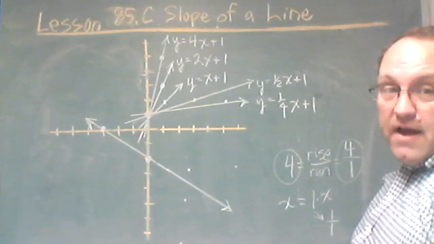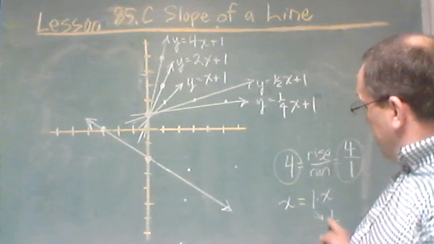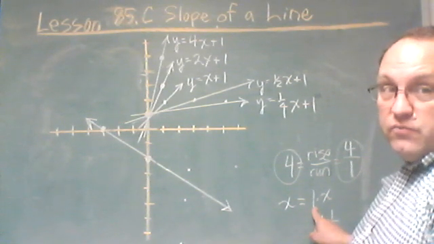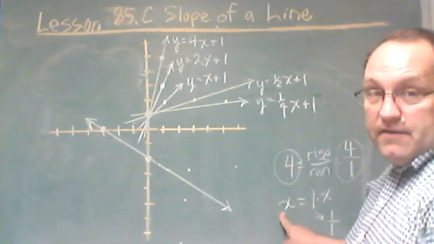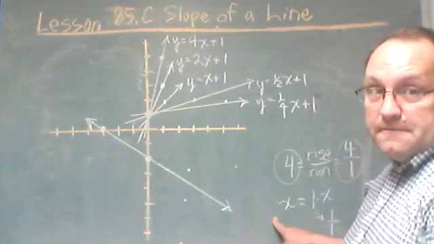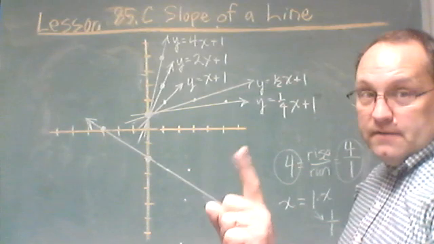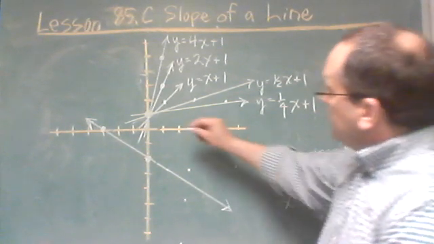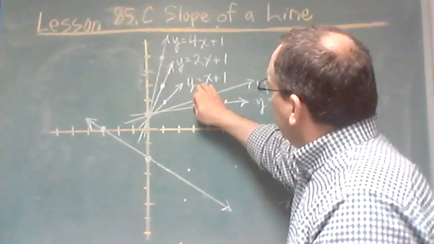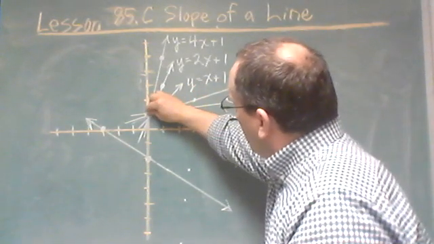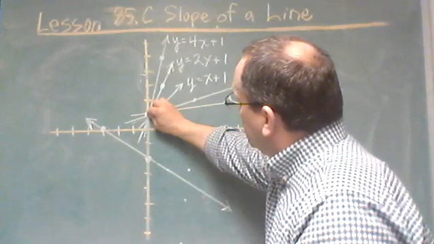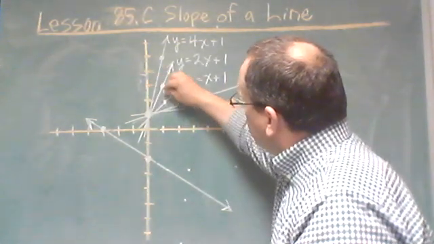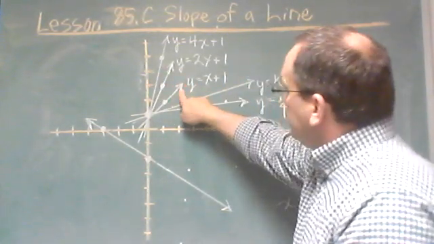That's how we apply the slope. So if it's x, it means a slope of 1. The rise over run is 1 over 1. And that's what I apply here with y equals x plus 1. Plus 1 is my y-intercept. I go up 1 and to the right 1. And that gives me my line here.